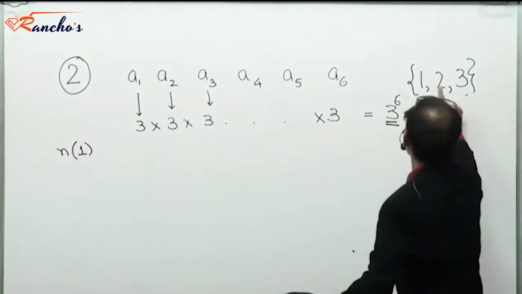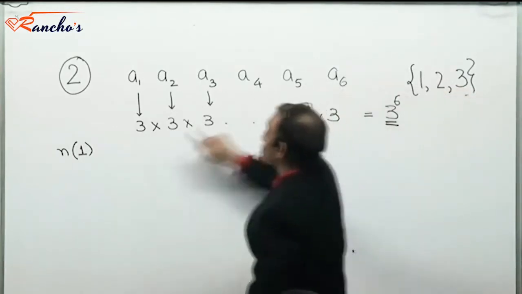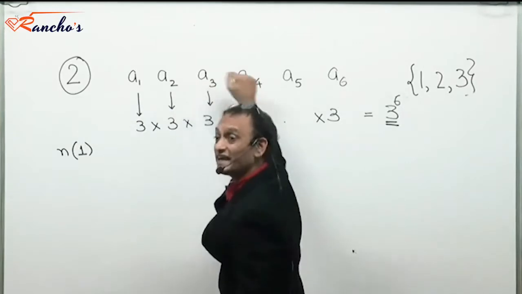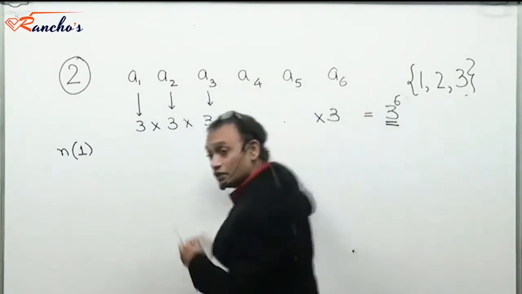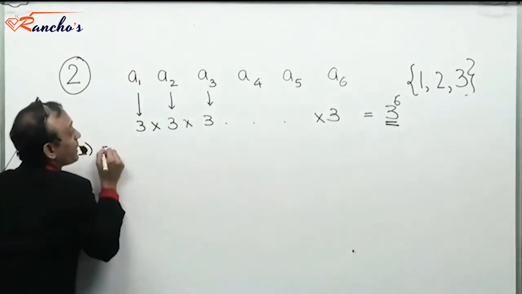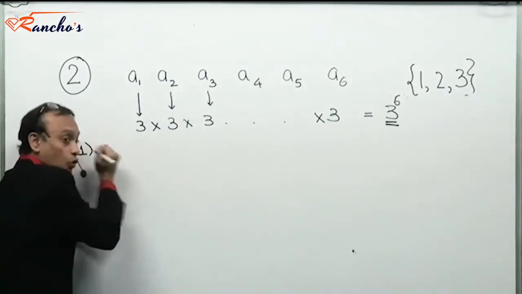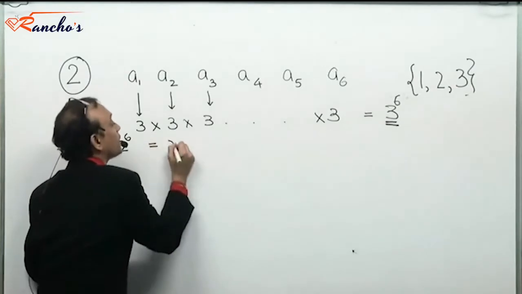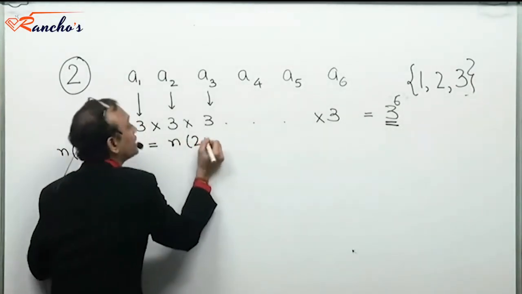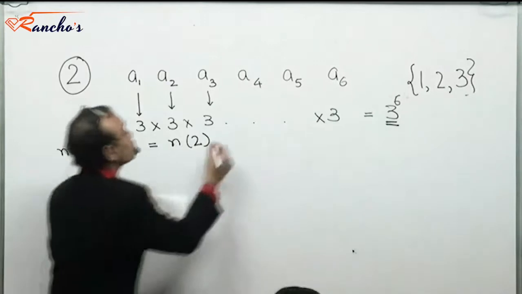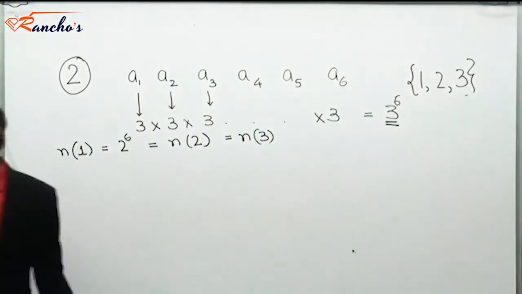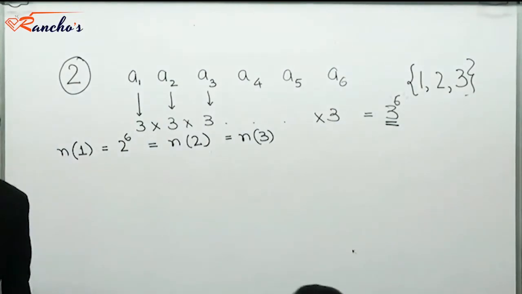That means they could contain 2 or 3. So A1 could be filled up in 2 ways, A2 in 2 ways, A3 in 2 ways, A6 in 2 ways. So the number that don't contain 1 is going to be 2 to the power 6. And is it not equal to the number that don't contain 2, and also the number that don't contain 3? Yes or no?